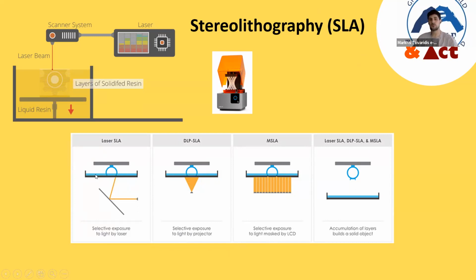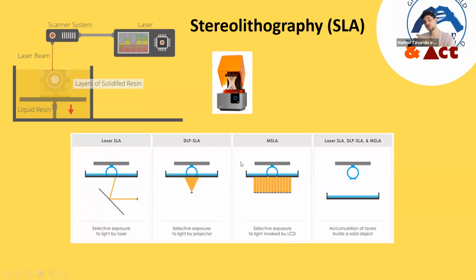So this is a pool of liquid plastic. And with the heat, it starts solidifying the material on this point exactly. So moving layer by layer, it creates a solid part. This is, let's say, the primal way, because it's the first technology that the SLA was applied.